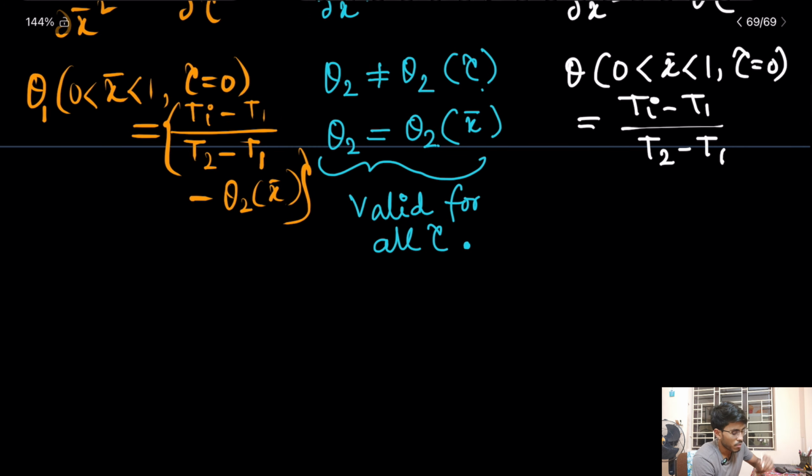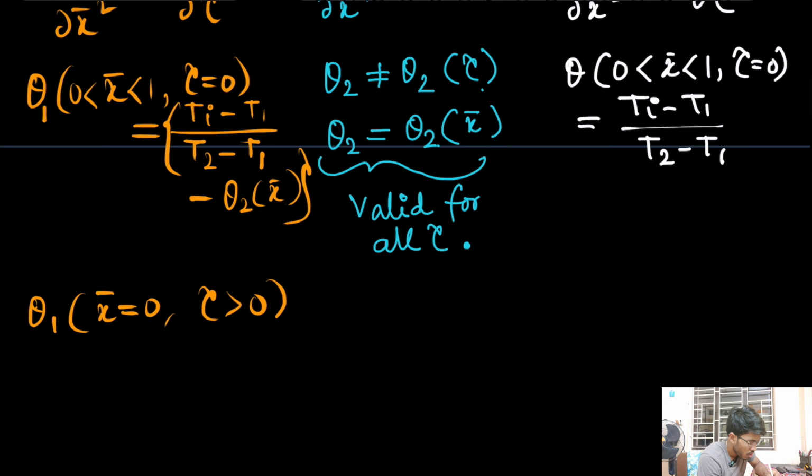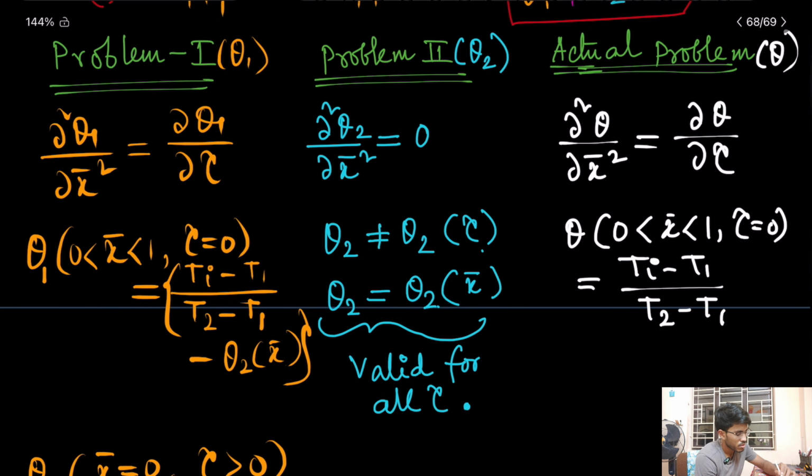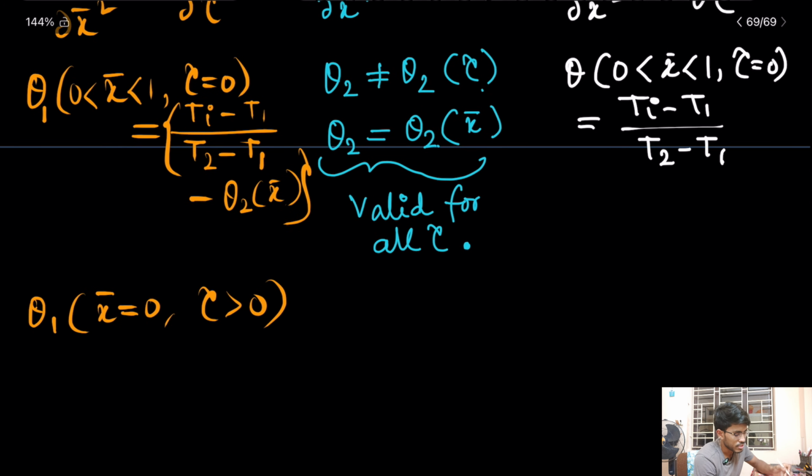Now let us come to the boundary conditions. So the first boundary condition, that is theta 1 at x bar equal to 0, right? If I am not wrong, so let us match. Okay, and this was 0 for the actual problem, right? So let us have this as again 0.